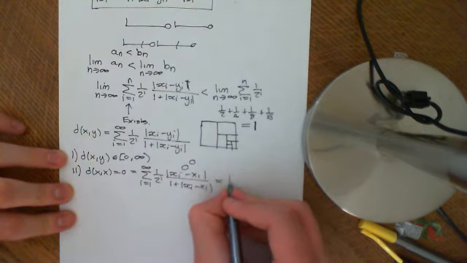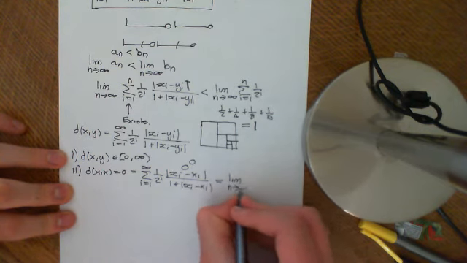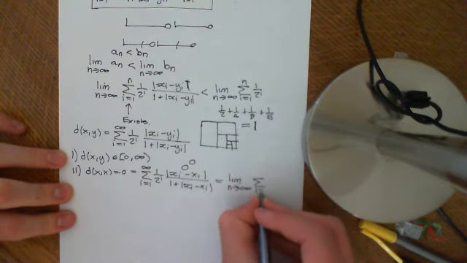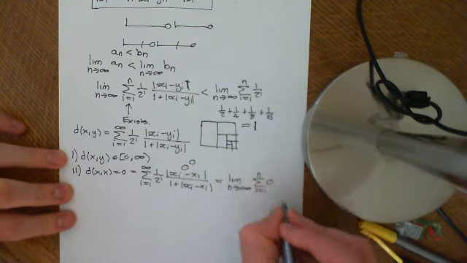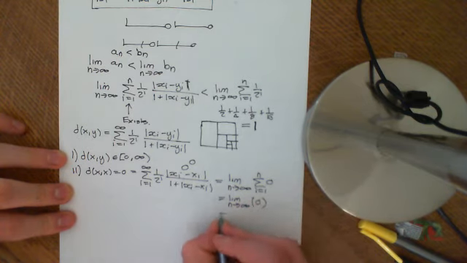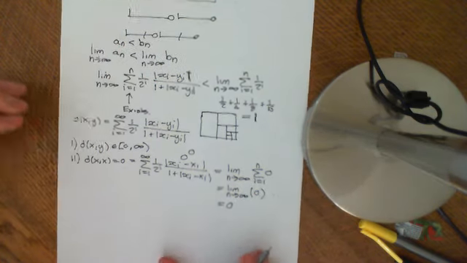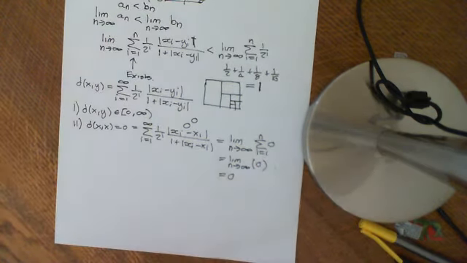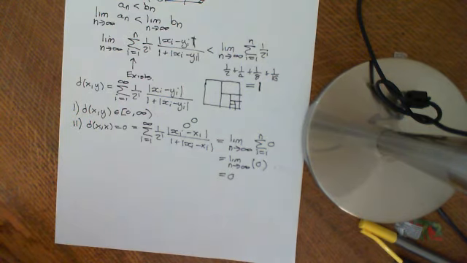So we're taking the limit as n approaches infinity of the sum from i equals 1 to n of zeros. That is just the limit of a continuous string of zeros, and the limit of a continuous string of zeros is 0. So very good. We have that the distance between any two identical sequences of complex numbers is 0.